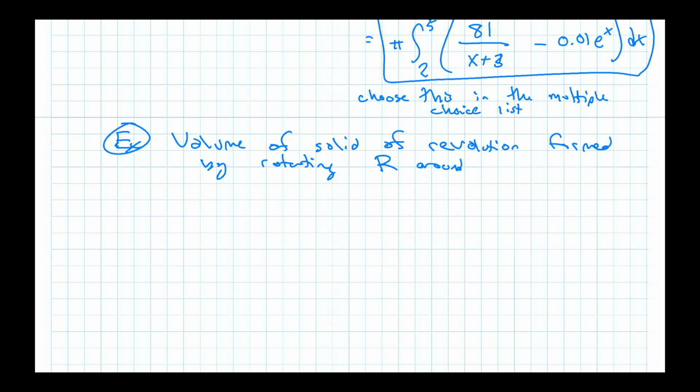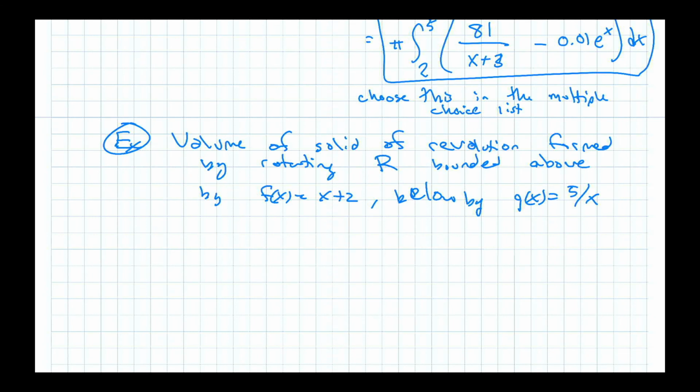The region R bounded above by f of x equals x plus 2, below by g of x equals 5 over x, over the interval 2 to 6.